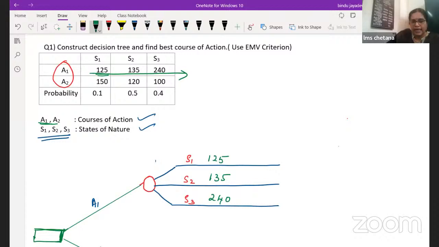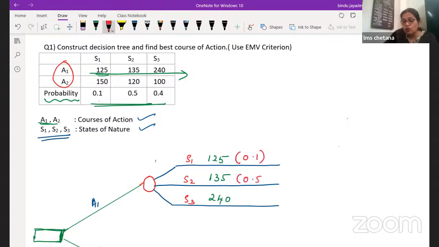Now in the same question, the probability is given. The probability values are 0.1, 0.5 and 0.4. Therefore, here you put a small bracket and write 0.1. Here put a small bracket, 0.5.